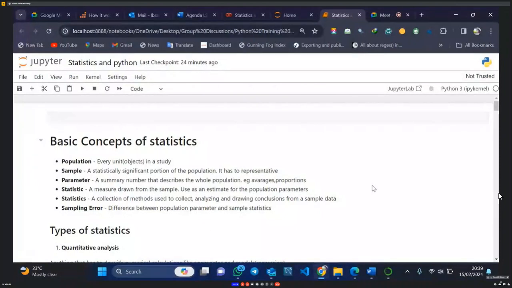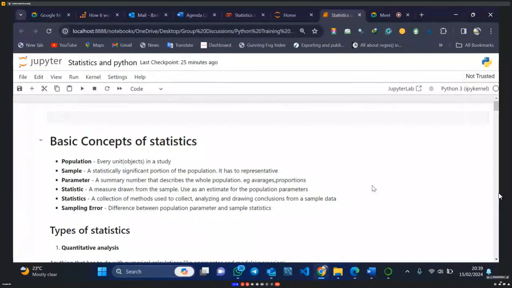And this sample needs to be representative of the entire population. Basically, the rule of thumb usually says that if it's a normal distribution, and you have 30 and above people or items that you're going to research on, then that is a good sample.